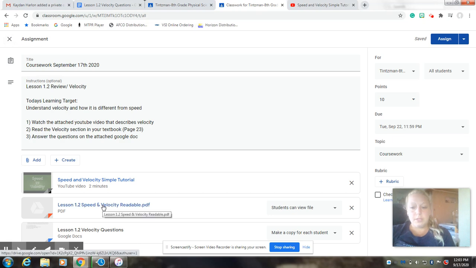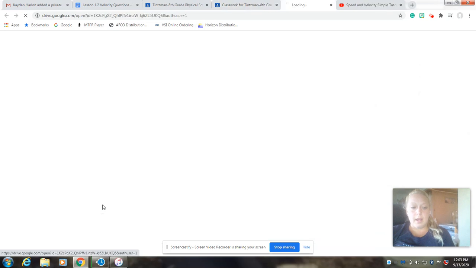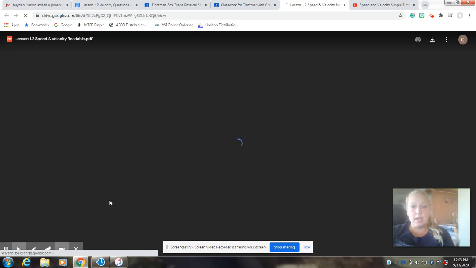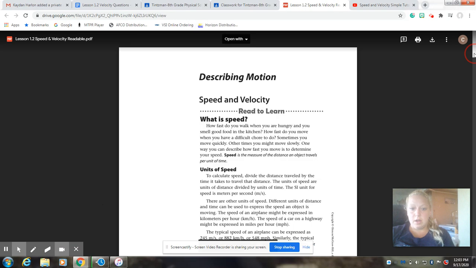Then you're going to read your textbook on page 23, where there is the section on velocity. If you forgot your textbook at school, that's okay. I attached this PDF, which is the whole lesson 1.2, and page 23 has the section on velocity.